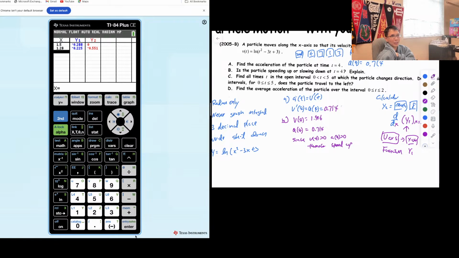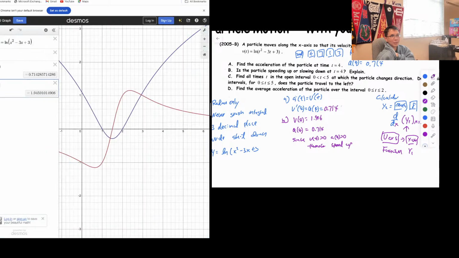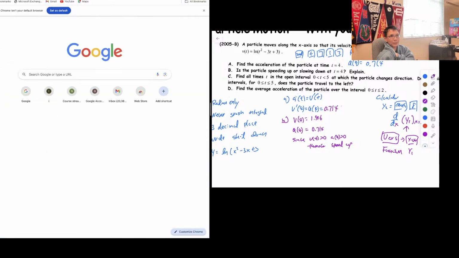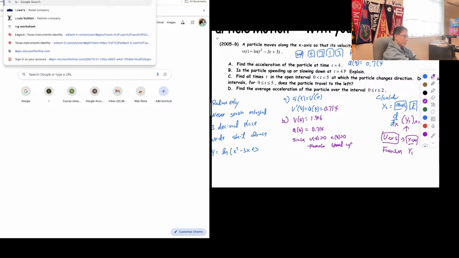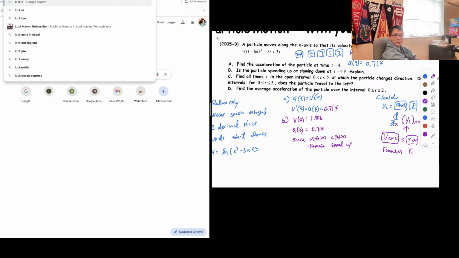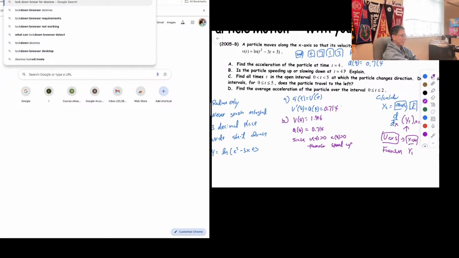Either give me the lockdown browser or something. Actually, let me look it up. Is there a lockdown browser for decimals? Well, you could put decimals in Canvas and have it run in the lockdown browser, like images. I have no idea how to use Canvas.